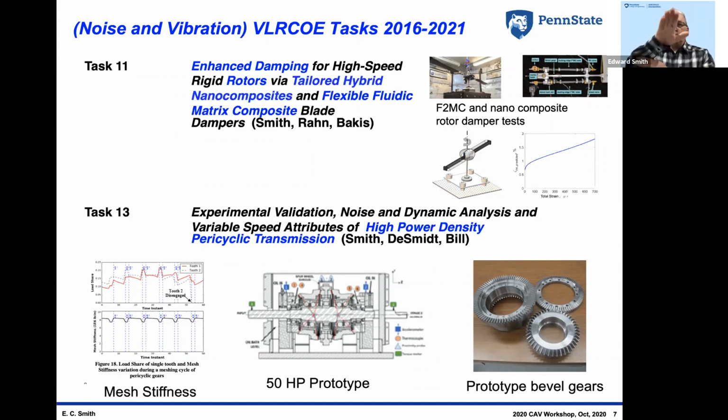So the rotors tend to flap up and down when they rotate, or they're designed to, and also lead and lag in the plane of rotation. So the lead lag mode is notoriously low damped with very little aerodynamic energy dissipation. That requires some mechanical means of dissipating energy, and we've been looking at using nanocomposites as well as devices called flexible fluidic matrix composites.